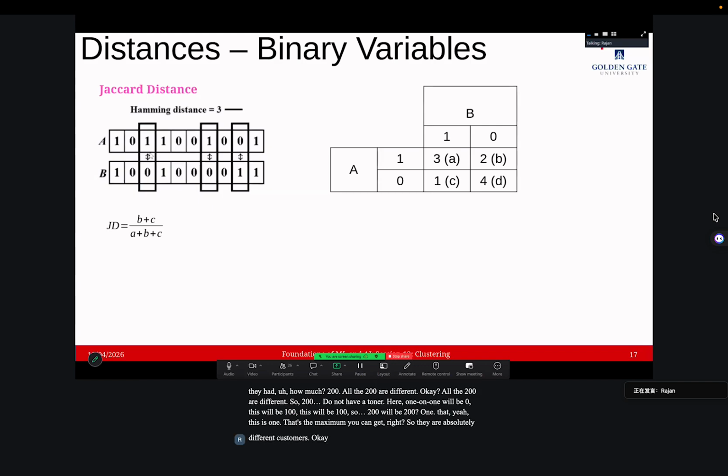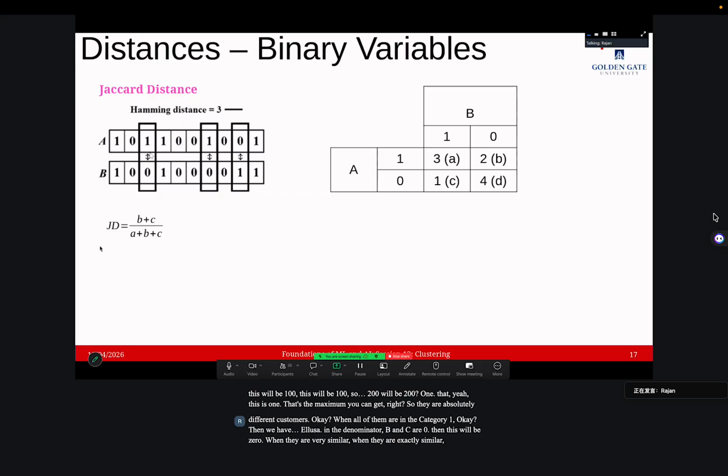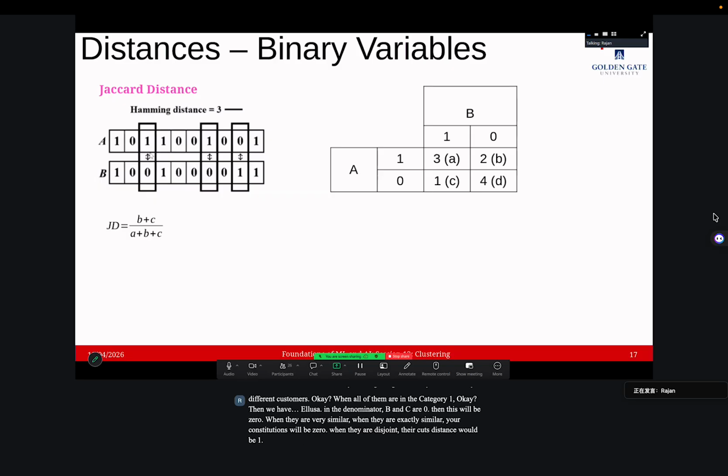When all of them are in category 1, then we have A in the denominator, B and C are 0, then this will be 0. When they are exactly similar, Jaccard's distance will be 0. When they are disjoint, the Jaccard's distance will be 1. So this Jaccard's distance will vary from 0 to 1.